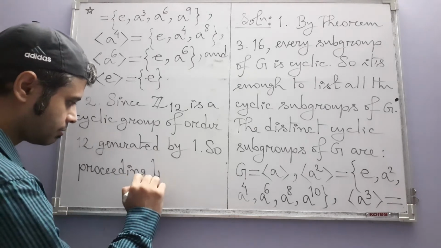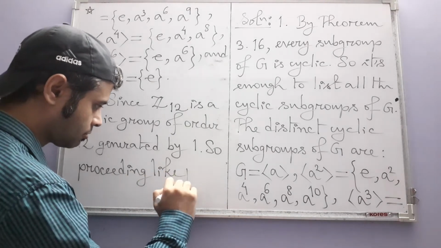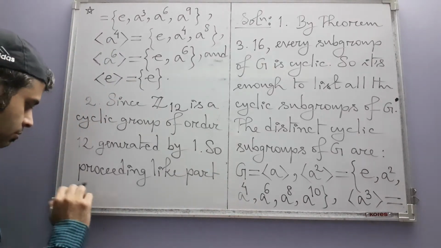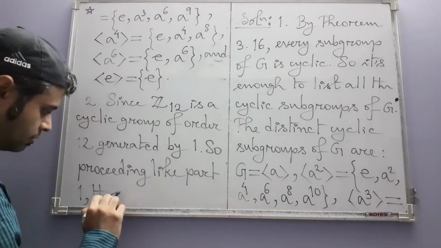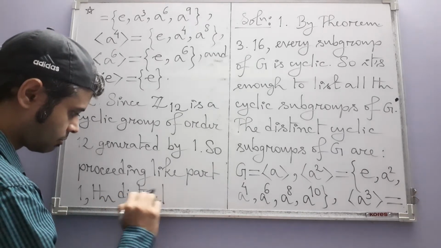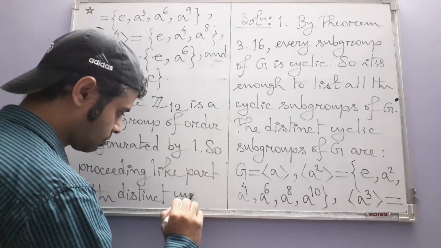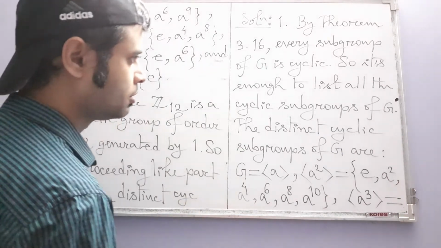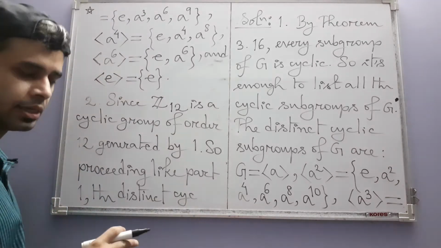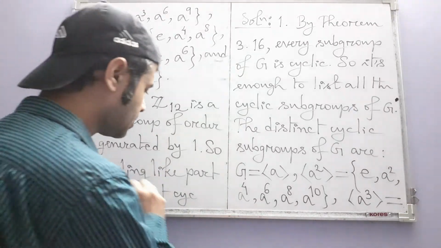Okay, so proceeding like part 1, the distinct cyclic subgroups, because that's what we have to consider. They will give us all the subgroups of Z12.